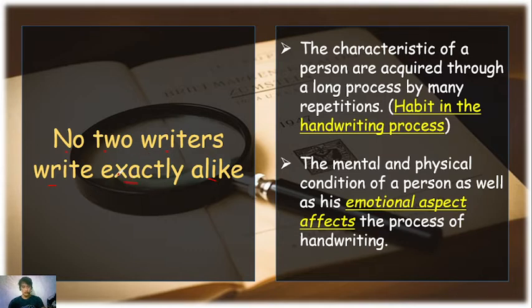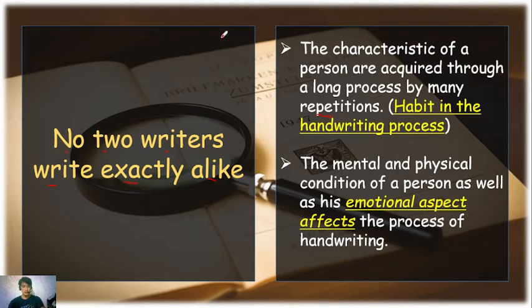Yun nga, sabi natin, handwritings natin are unique. That's why we can use this for identification. The characteristics of a person are acquired through a long process of many repetitions. Kaya meron yung sinasabi natin na general characteristics.